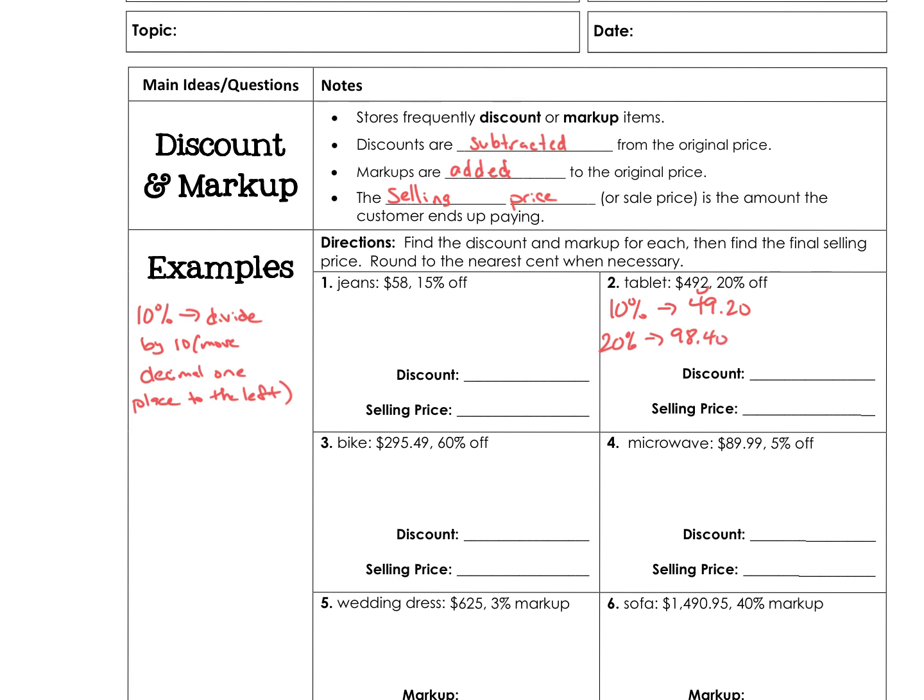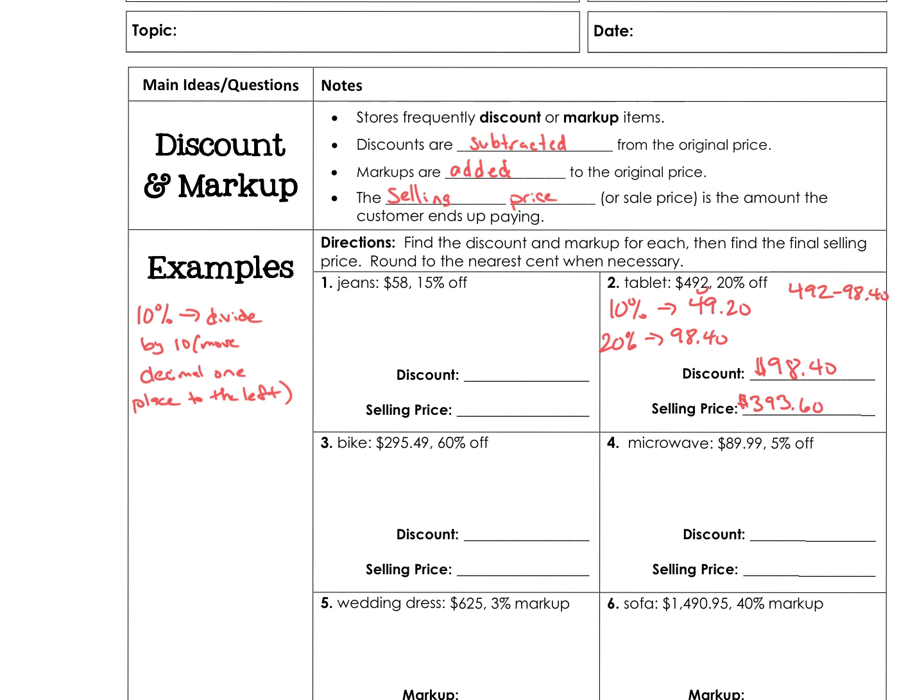Because it's a discount, we take the 492 minus the 98.40 to get our sale price. So the discount was 98.40, and the selling price ends up being $393.60. So that's one way you can do it with mental math.